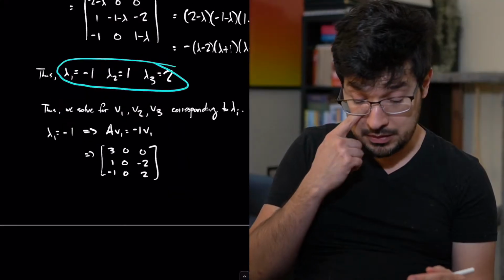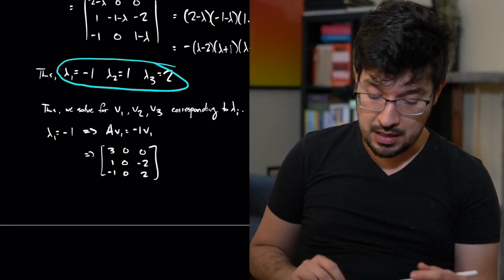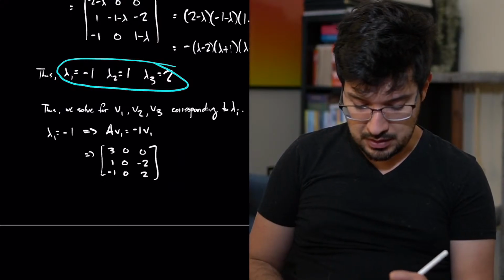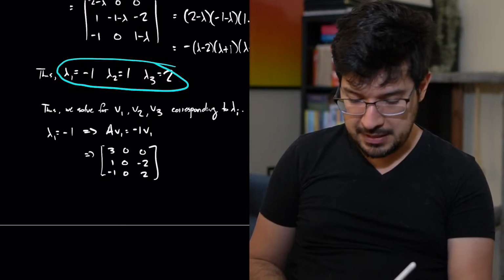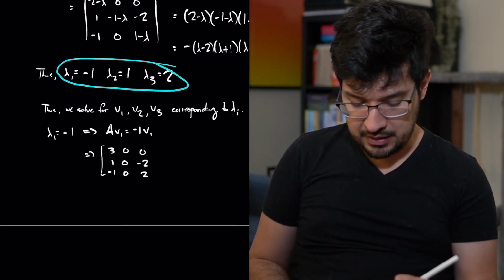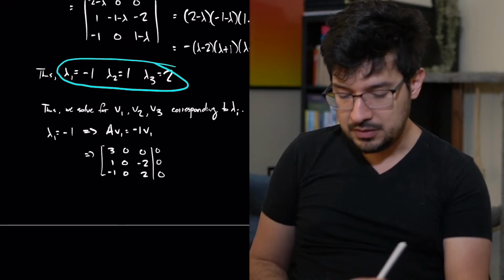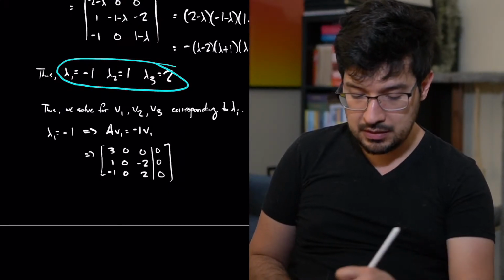So we're computing the null space of this matrix. I will write null space as solving that matrix times a vector equals the 0 vector.